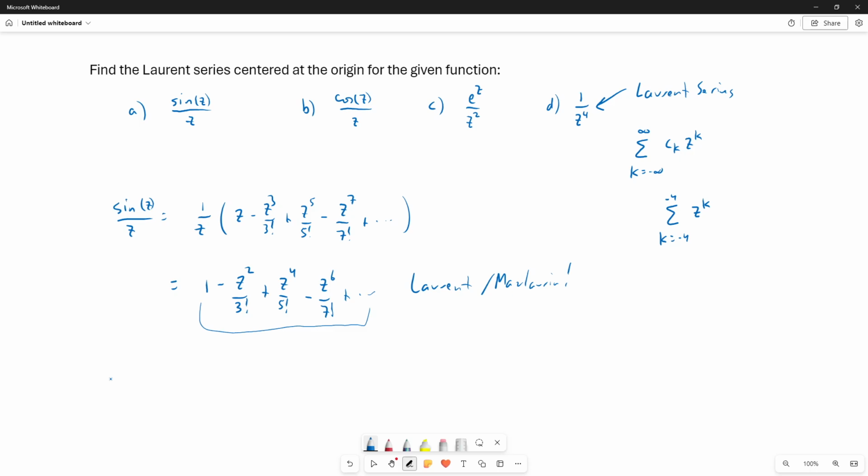Now for the cosine z over z, that's 1 over z times, and here we'll put the cosine series instead of the sine series.